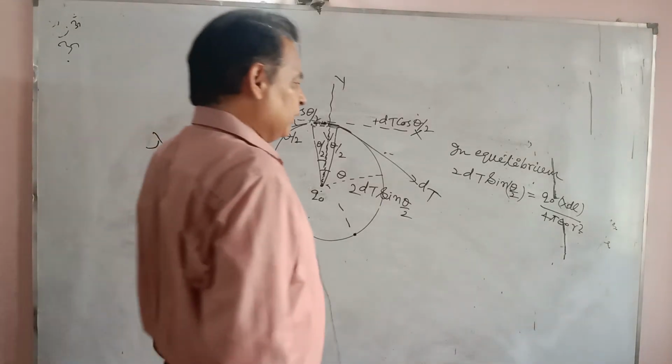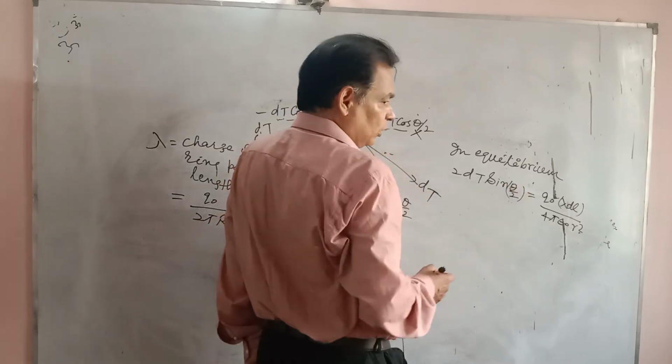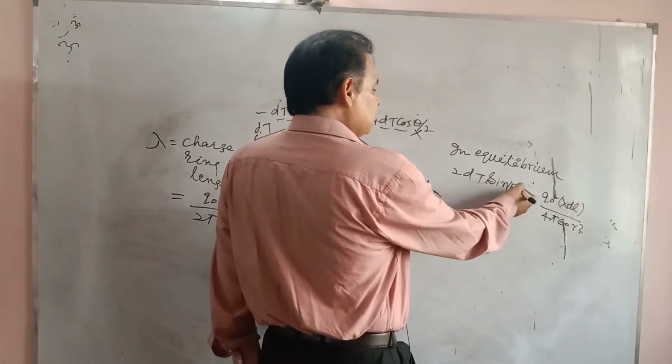Since theta is very small, theta by 2 will also be very small. For a small angle, sine theta by 2 will be equal to only theta by 2.